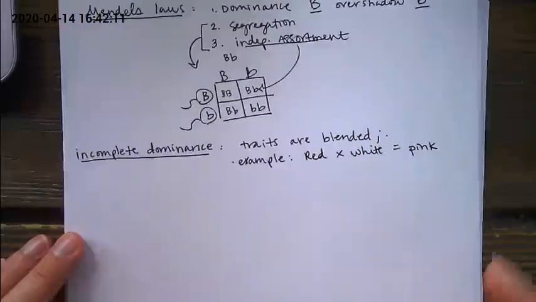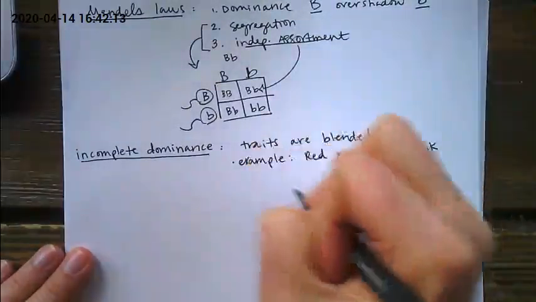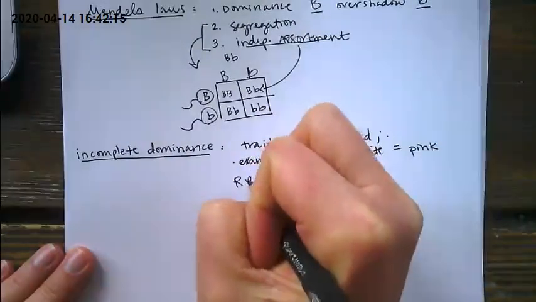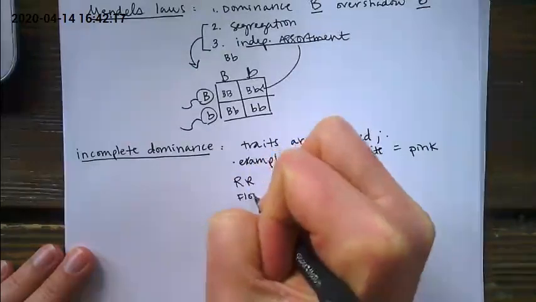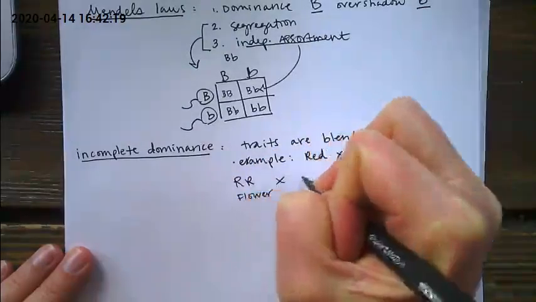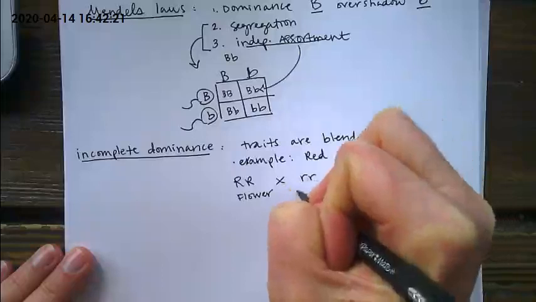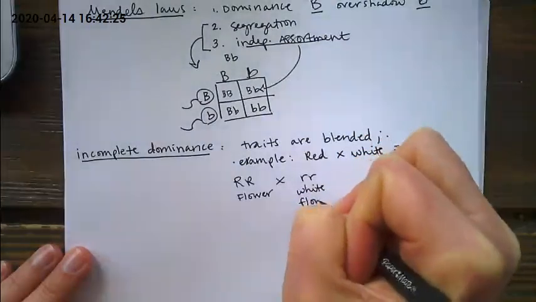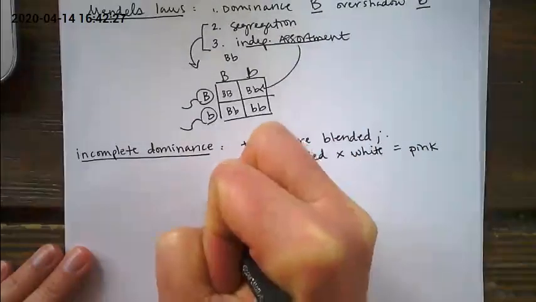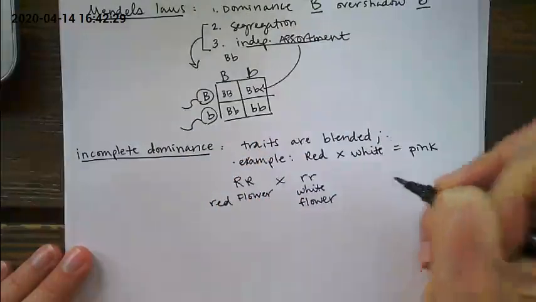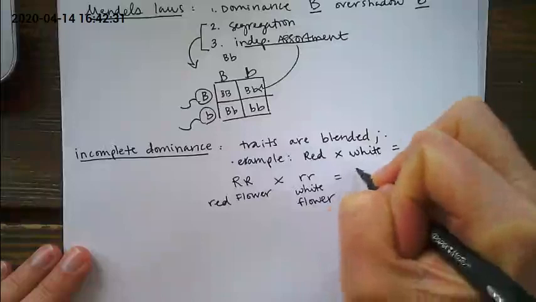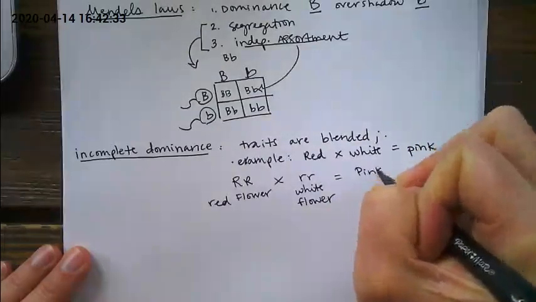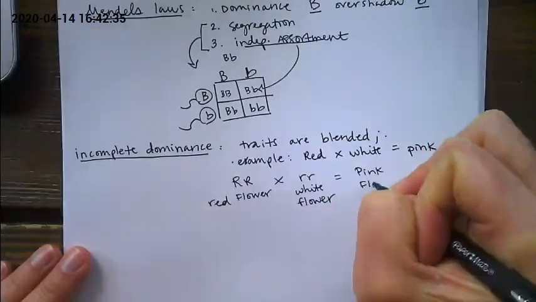Okay, so let's say you have a red flower and you cross it with a white flower. You are going to get all pink flowers.